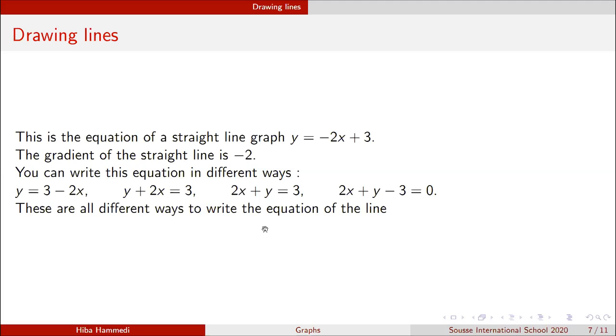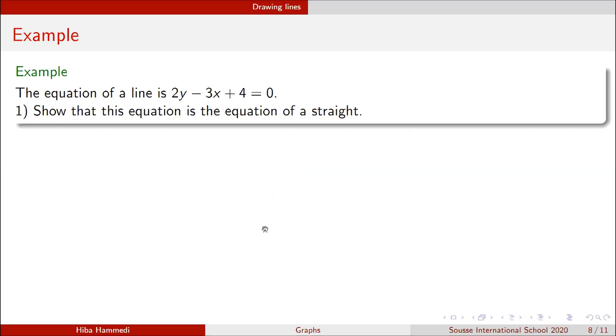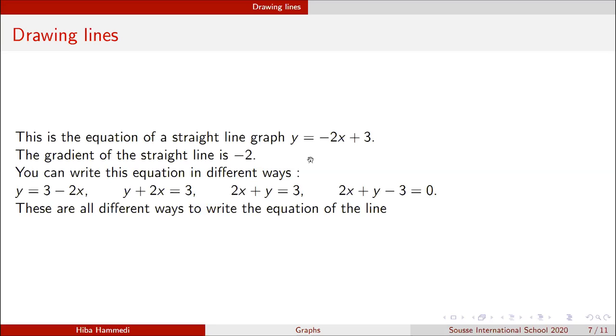Those are acceptable forms, but the most informative form that you better work with is this form, y is equal to mx plus c.